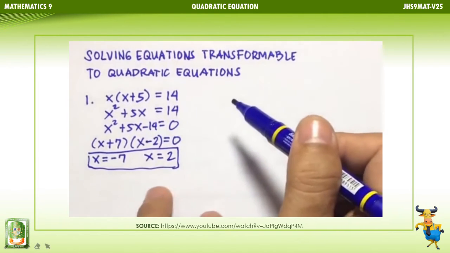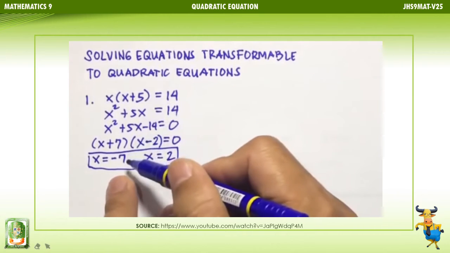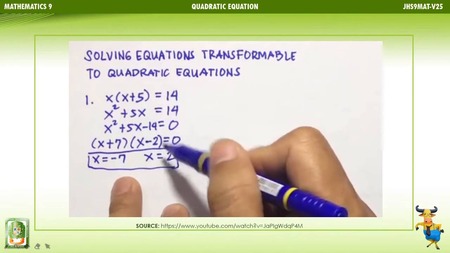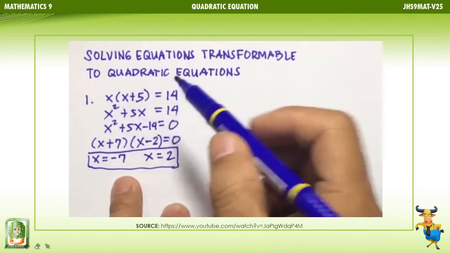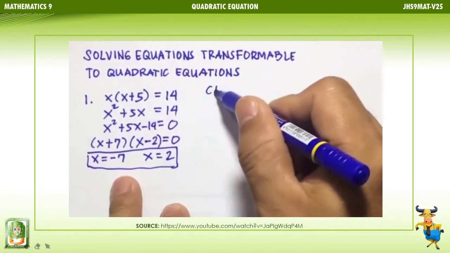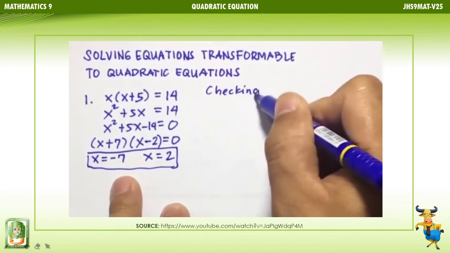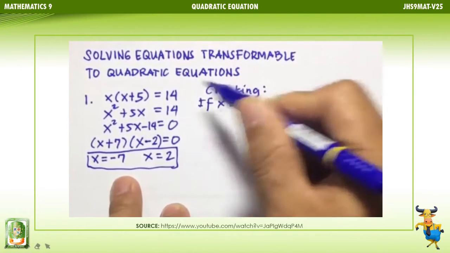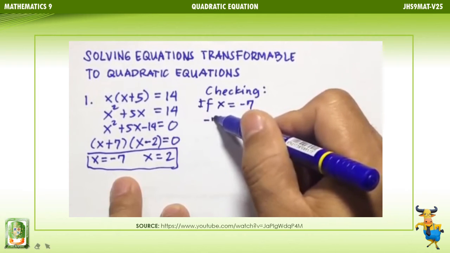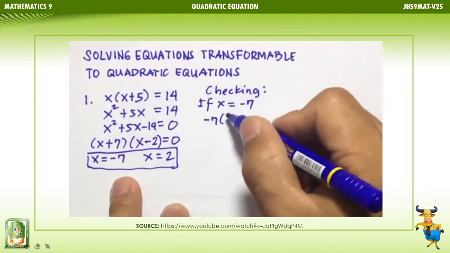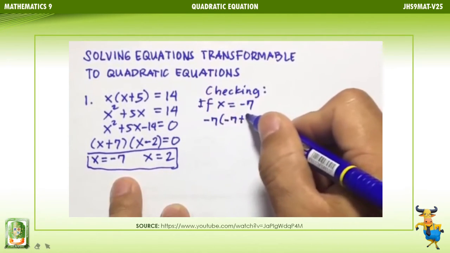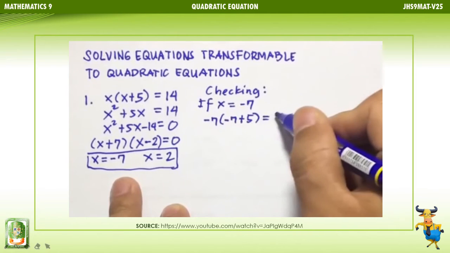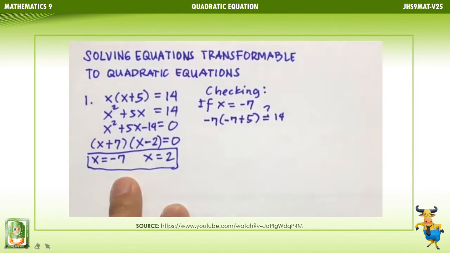Now to check if your answer is correct, we'll just substitute these values of x in the original equation. So checking, if x equals negative 7, we're going to have negative 7 times the quantity of negative 7 plus 5 equals 14.